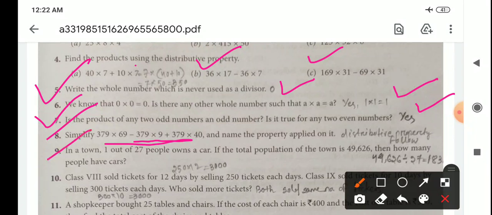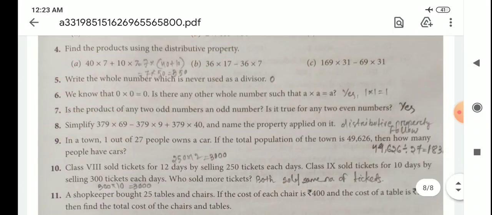In a town, 1 out of 27 people owns a car. If the total population of the town is 49,626, then how many people have cars? Very easy. Just you divide these two numbers, then you get your answer.